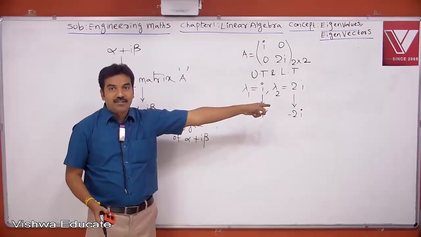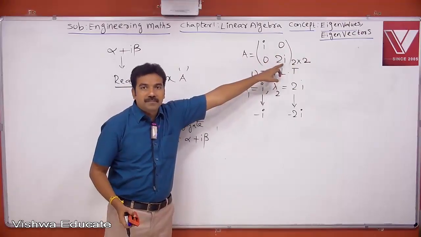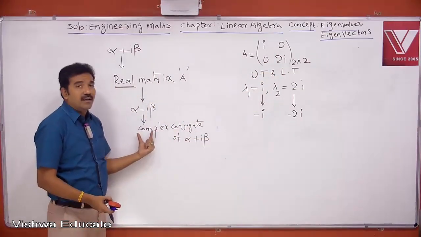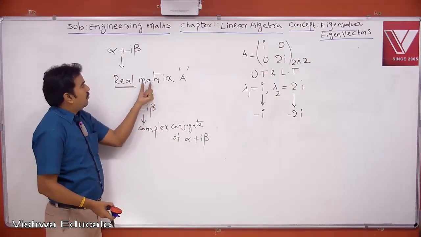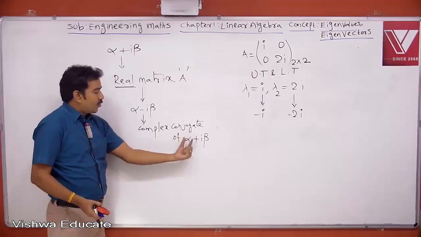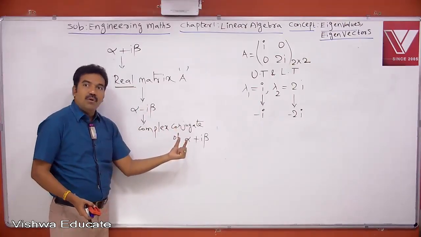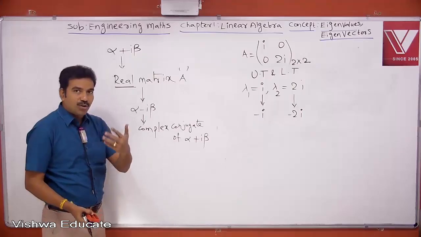Because this is a complex matrix. That is, some elements inside the matrix are complex entries. Therefore, this rule is valid only for real matrices. If A is a real matrix with alpha plus i beta as one of its eigenvalues, then its conjugate is also an eigenvalue of the same matrix. Right? Note this point.